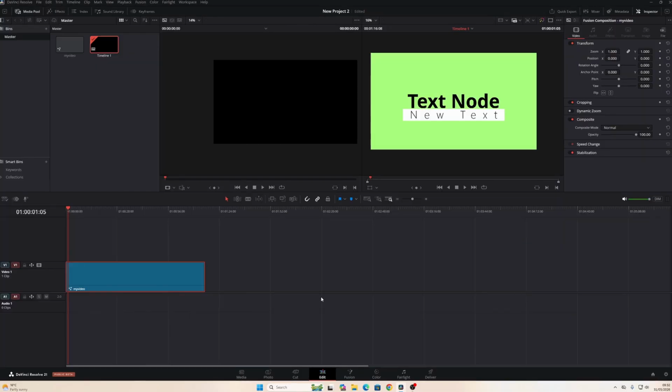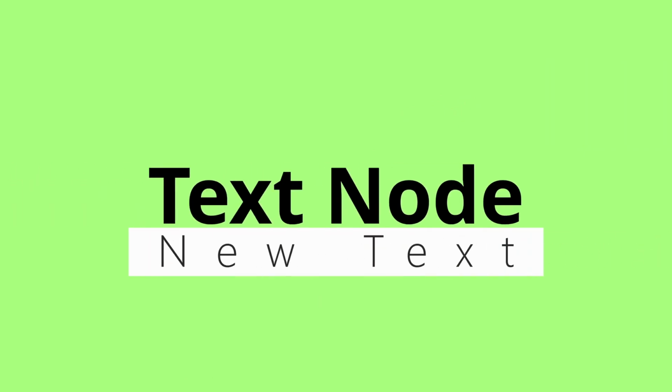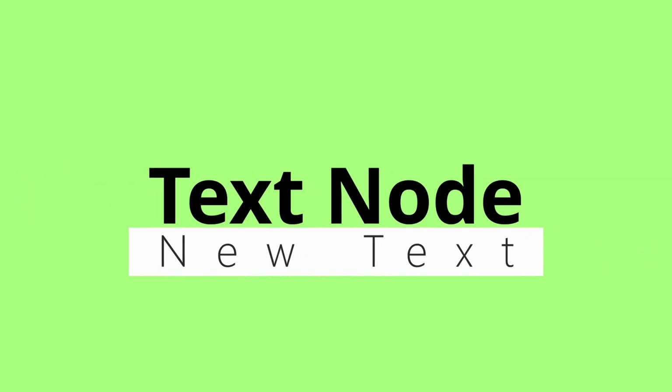So let's go to the edit page, Control F to full screen, and press spacebar on your keyboard, and yeah, look at that, smooth and smoothest. Nice one. So that is it.